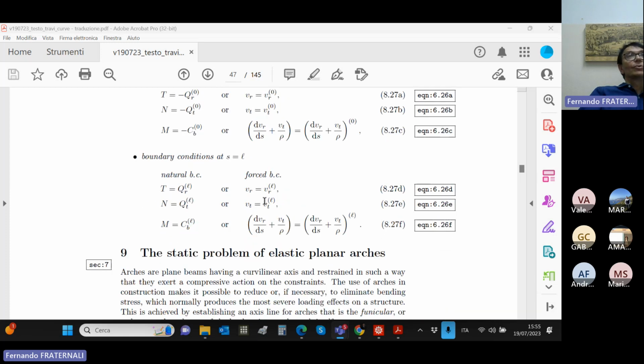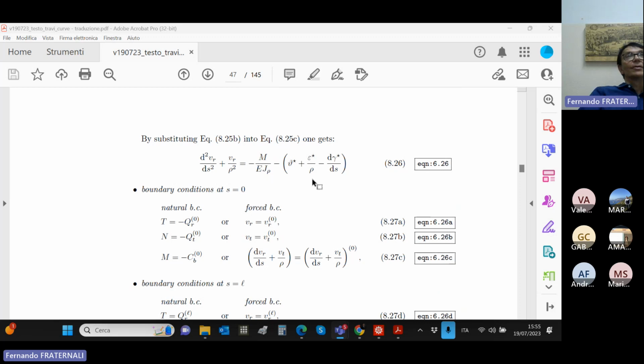What we cannot obtain is exactly the elastica equation for the curved beam, but we can obtain this equation, which is the analogue of the fact that the second derivative of the transverse displacement is equal to the curvature. So it is like in the straight beam, but with this correction term here.